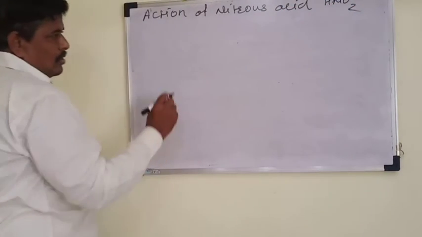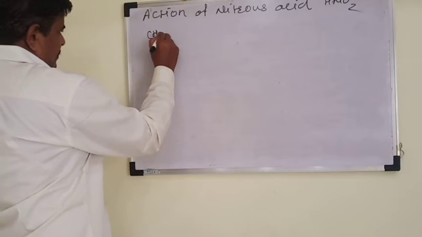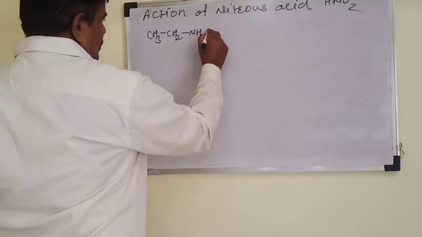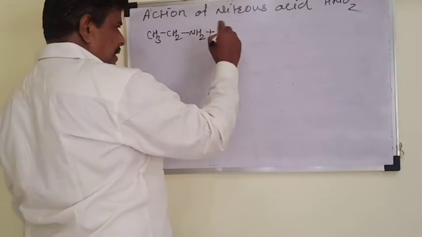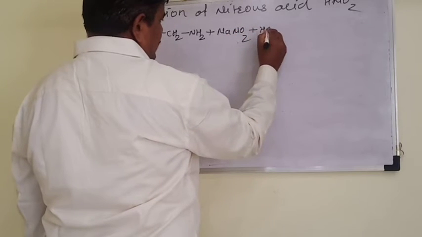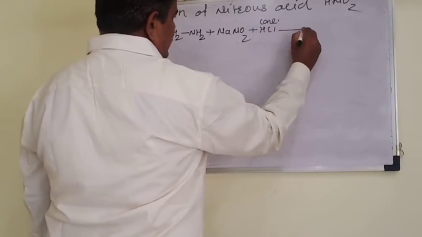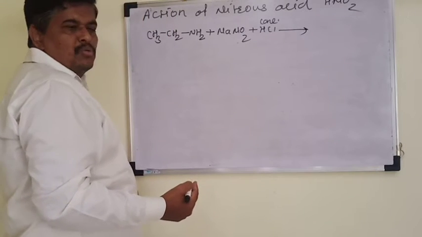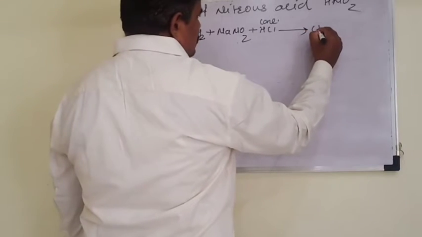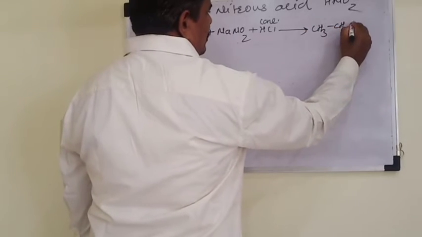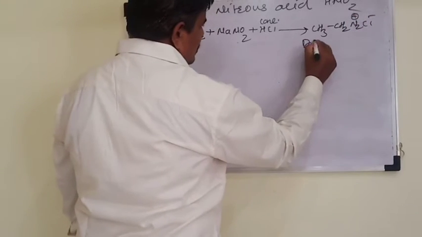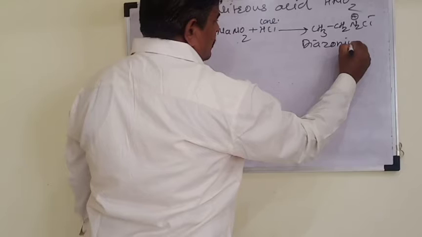When a primary amine is treated with nitrous acid, which is prepared by NaNO2 plus concentrated HCl at nearly 273 Kelvin, it gives CH3CH2N2+ Cl-. So it forms diazonium chloride.